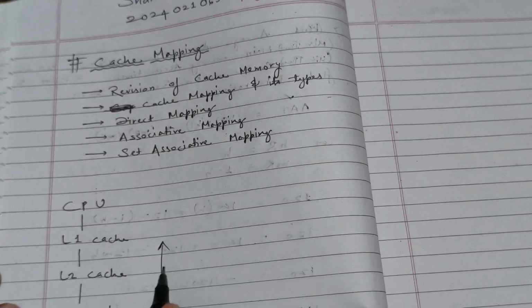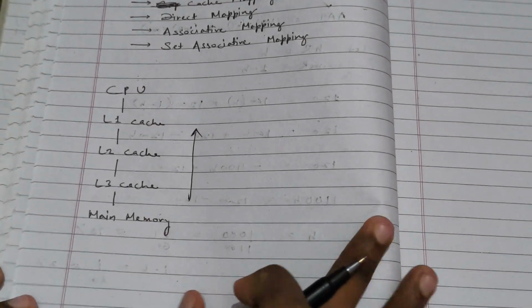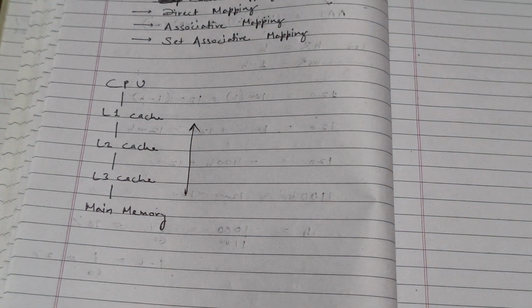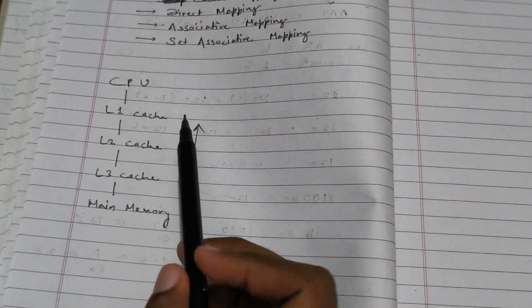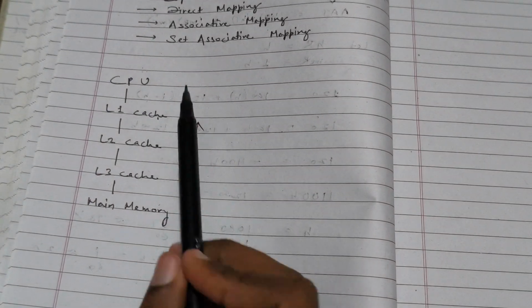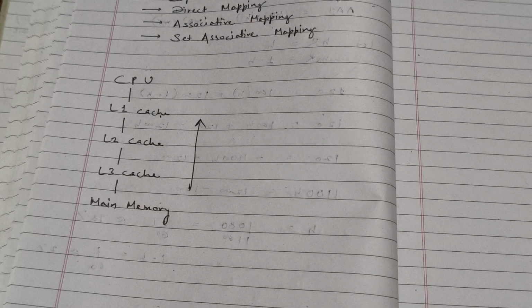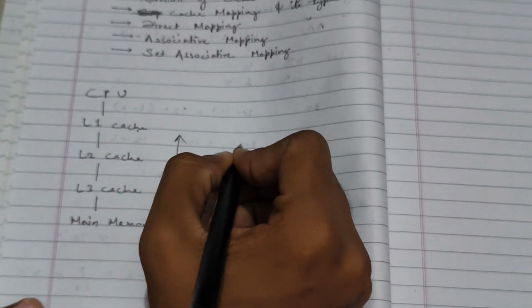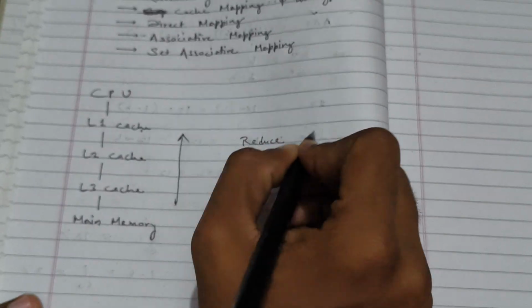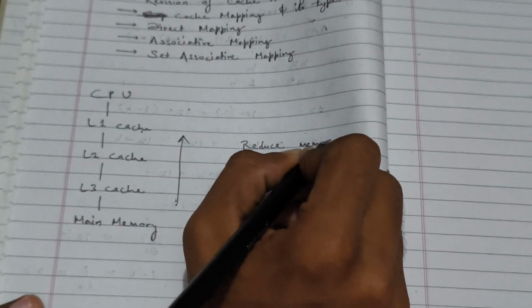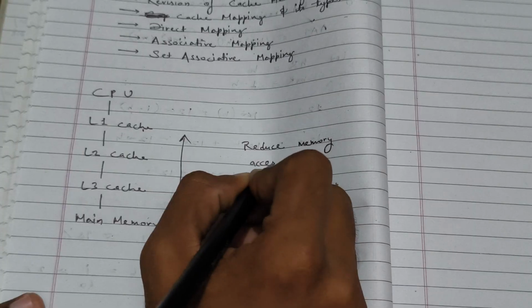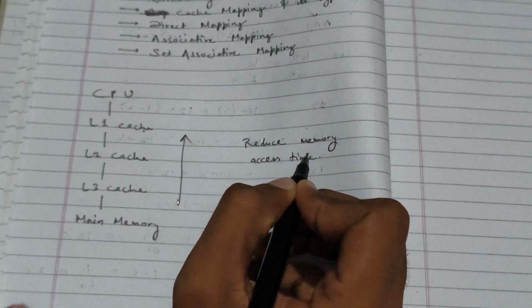Going up the order, the speed increases as well as the size decreases. Like, the closer this memory is to the CPU, the faster it is. Cache memory is placed between the CPU and main memory, and it just reduces our memory access time. Let me note it down. Reduce memory access time. Cool.